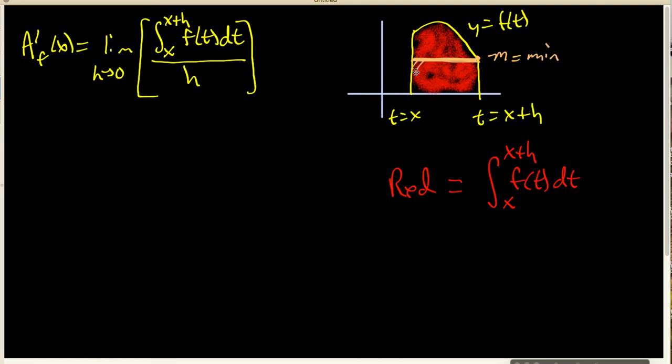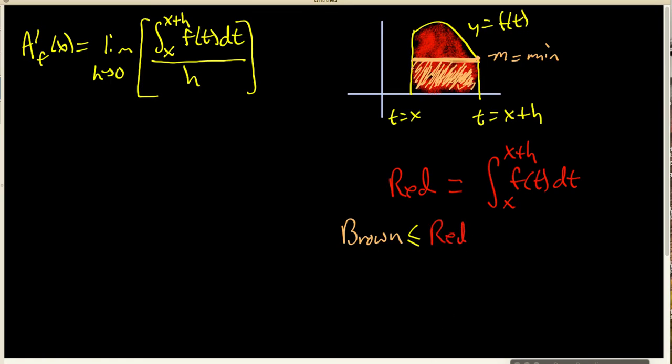And if I think about making that this light brown tan color, that brown tan rectangle is clearly smaller than or equal to the red area.